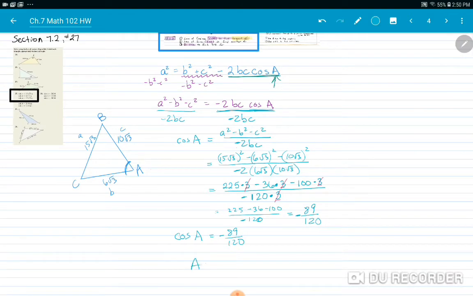So to find A, I do cosine inverse of that. And I'll plug that into my calculator.